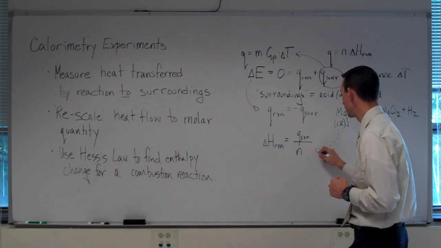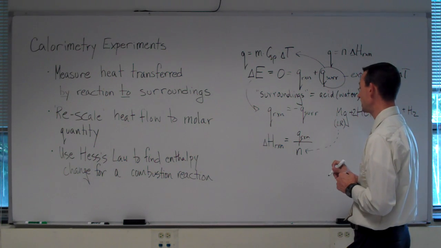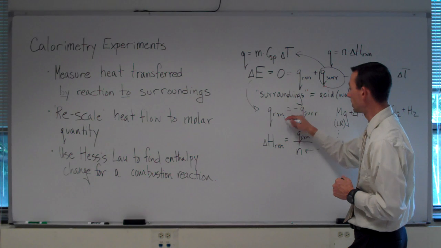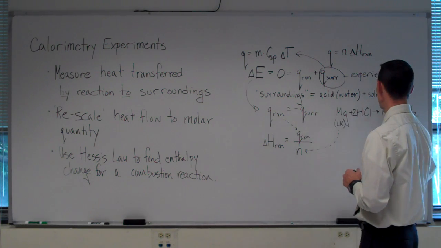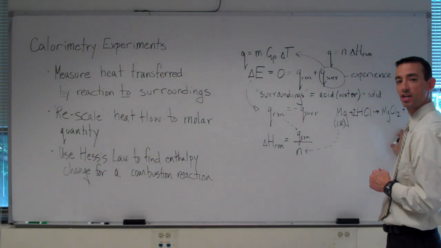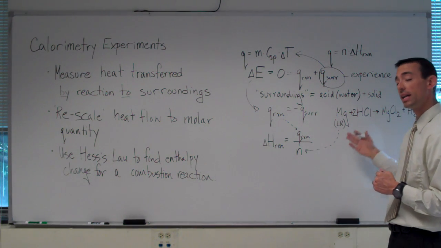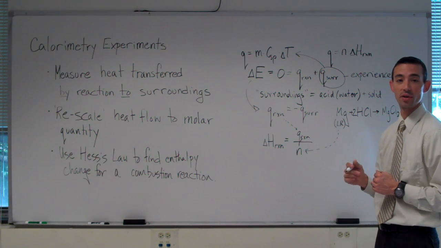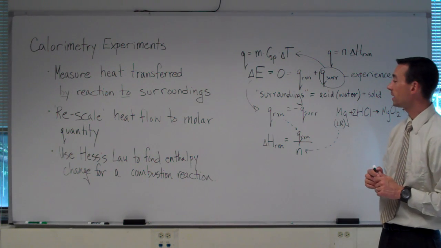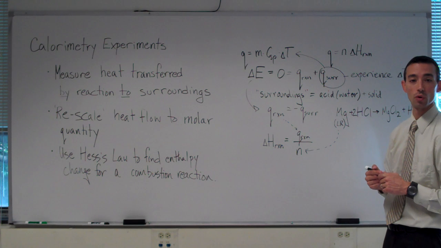This will be the n; you'll convert mass to moles, and then you'll use this value of heat right here to get the delta H of this reaction, or any reaction, for that matter, that you conduct in your calorimeter. Okay? So that's how we'll accomplish our first two goals.